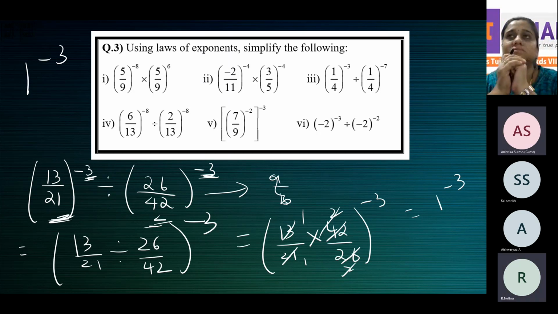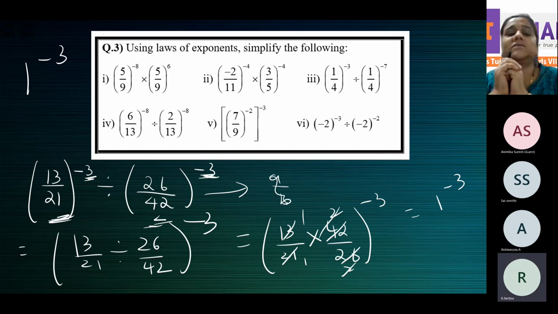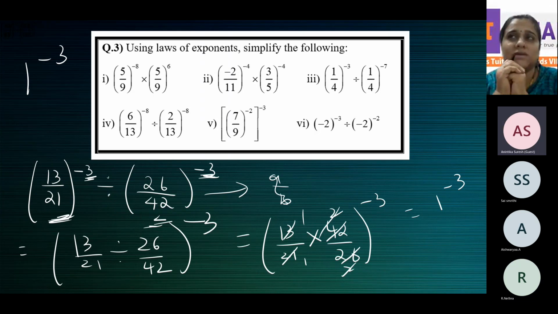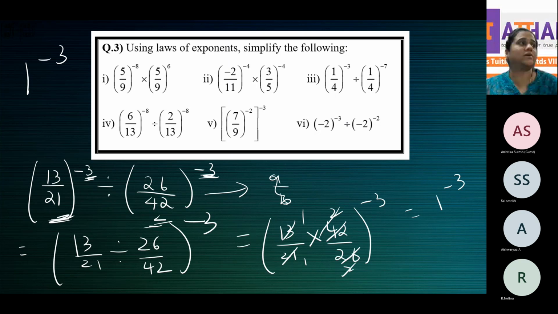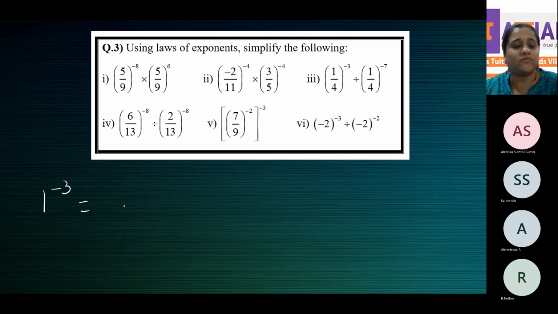1 to the power 3 means 1 into 1 into 1, which is 1 itself. Correct. So 1 raised to the power minus 3 is equal to the reciprocal of the base, raised to the positive power.